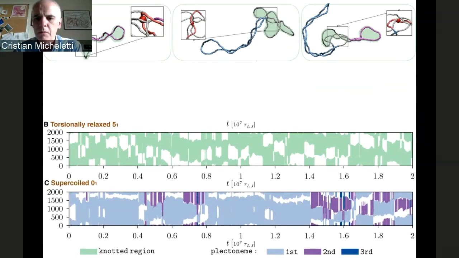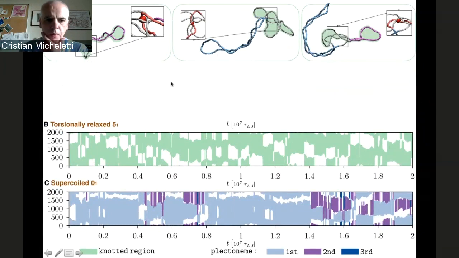As a function of time, we monitored our evolving supercoiled and knotted DNA rings and marked the regions that were knotted and also the regions that were supercoiled. Sometimes the supercoiling can just form a single superhelix, or you can have 2, or 3. So as a function of time, we colored in these kymographs where you have supercoiling and where you have the knotted regions.